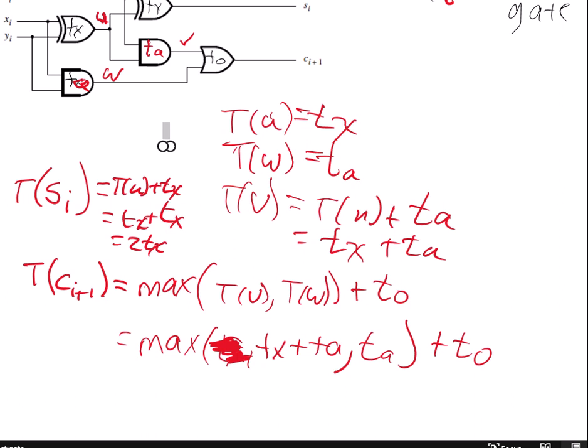Sometimes you don't know what the max is. Sometimes this would be like a Tx and a Tz, and you have no idea what the max is. But given the choice between Tx plus Ta and Ta, you know which one is bigger. So Tx plus Ta. So this is Tx plus Ta plus To.